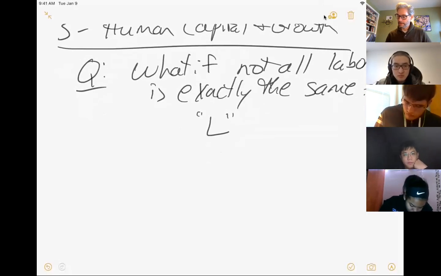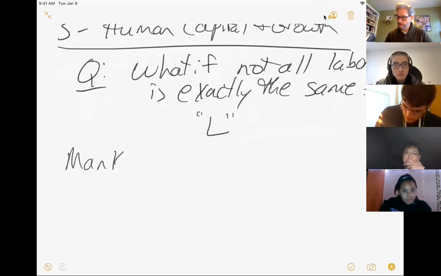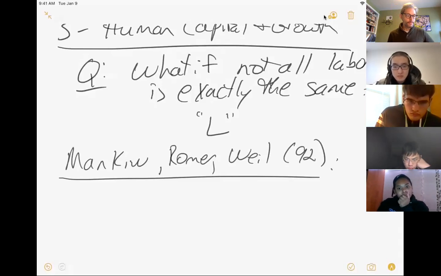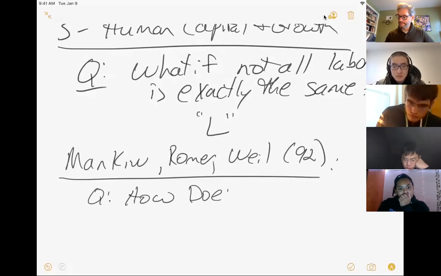And so in a 1992 paper by Mankiw, Romer, and Weil, which is basically the approach that your author uses in chapter 2, they basically ask, how does the Solow model fit the data?